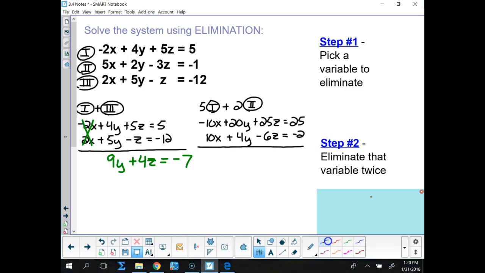When I add those two together, my x's go away. I get 24y plus 19z equals 23.